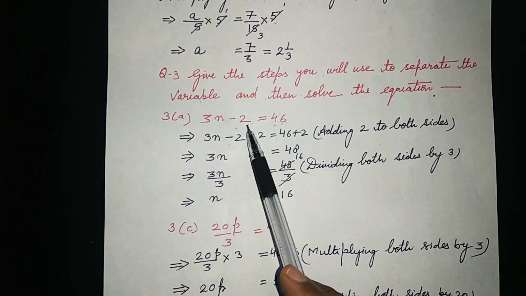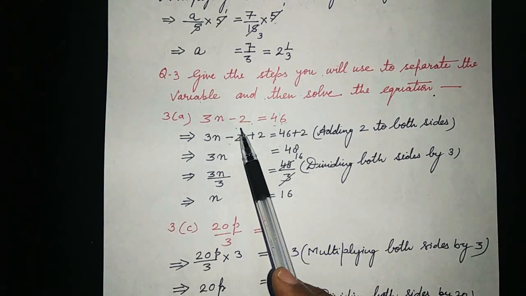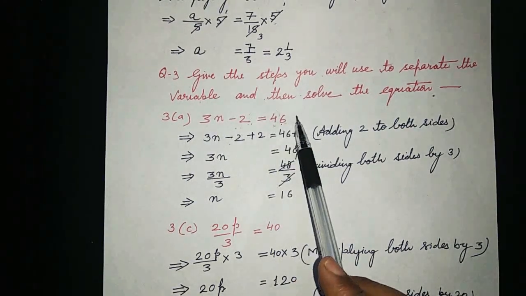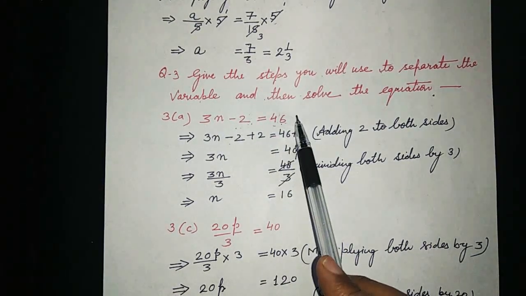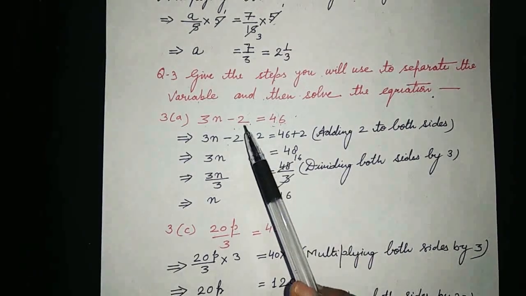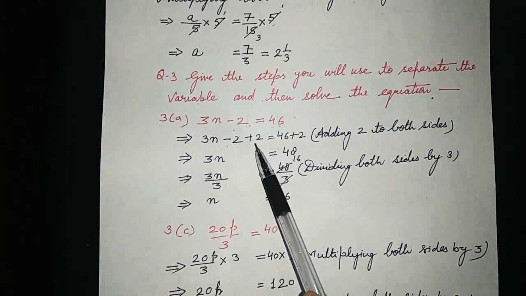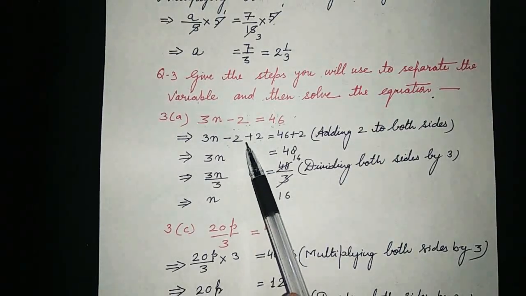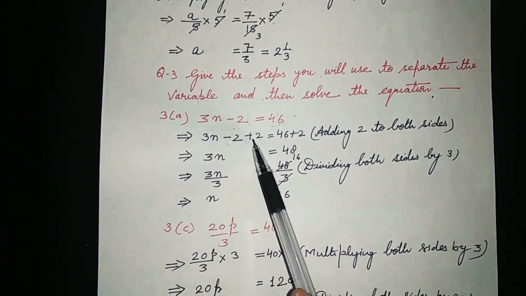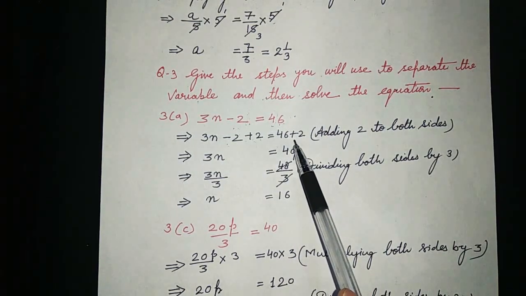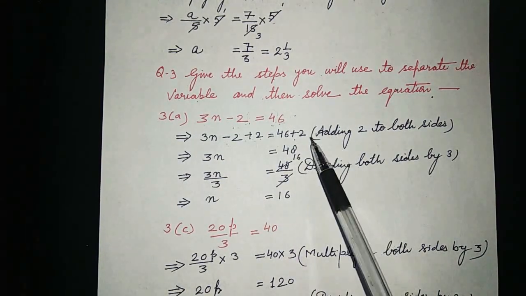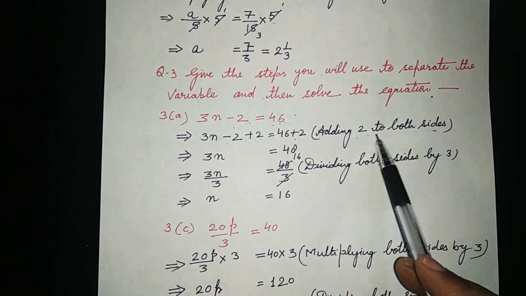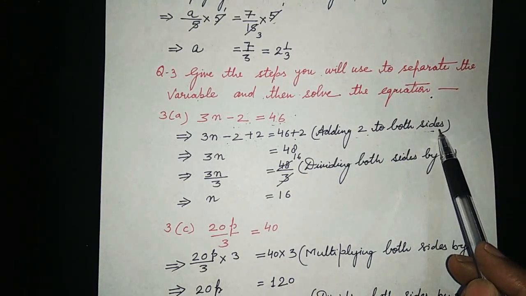To remove it from the left hand side, we will add 2. Same number we will add on both the sides. So here we will write plus 2. Number we will take same, but sign we will take different. Plus 2, and here also plus 2. And in the bracket we will write the step adding 2 to both sides.